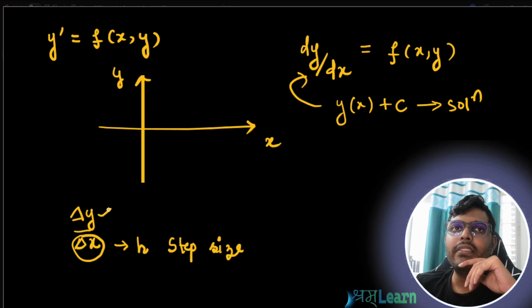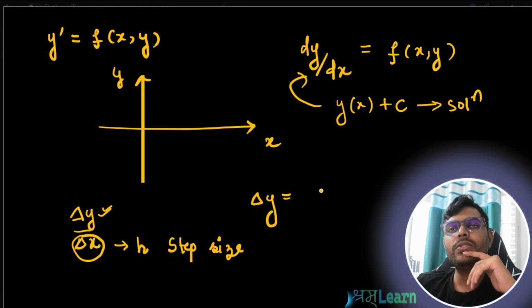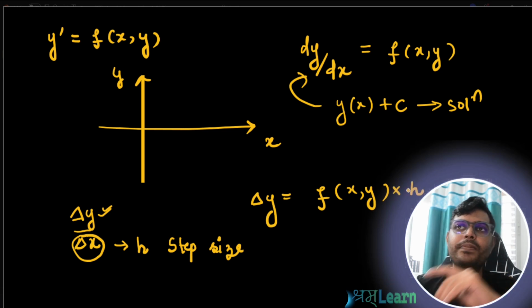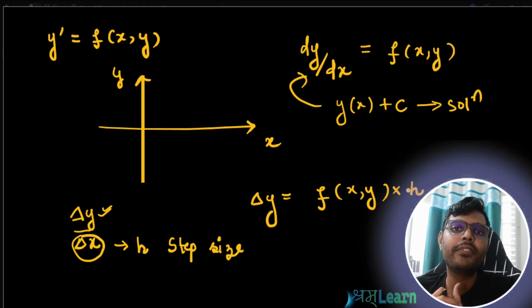And delta y, can we get it? Yes. So delta y is nothing but equal to f of x comma y into h. Okay, this is delta y.